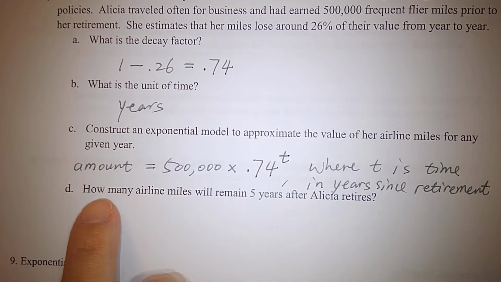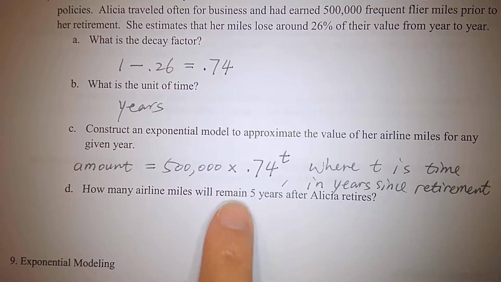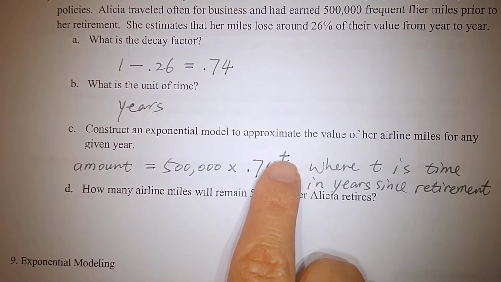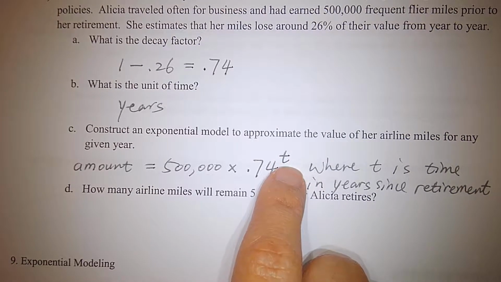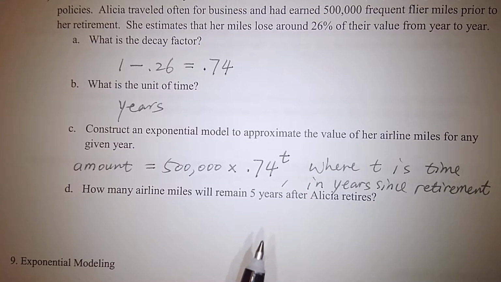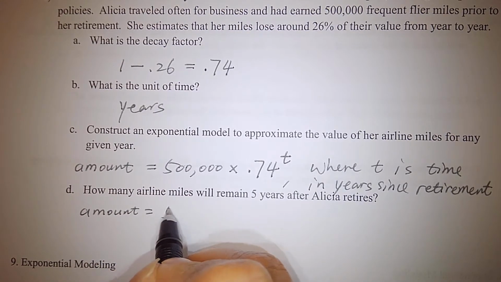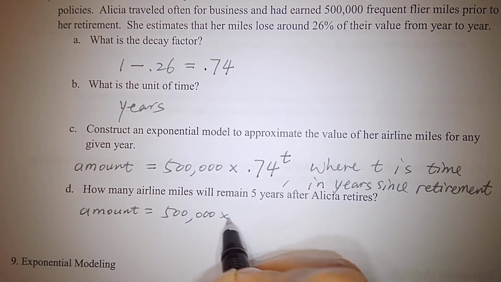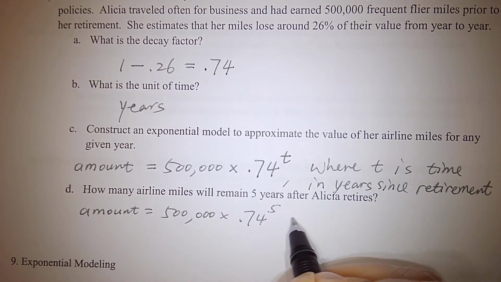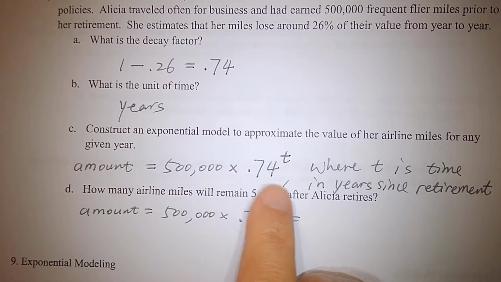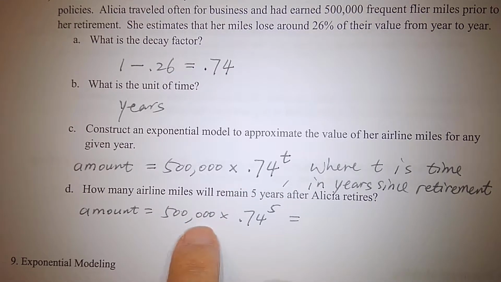How many miles will remain after 5 years of retirement? What do you do? Replace this t by 5. So let's compute that. To the 5th power. Remember, I always do the exponent first, and then multiply by 500,000 afterwards.